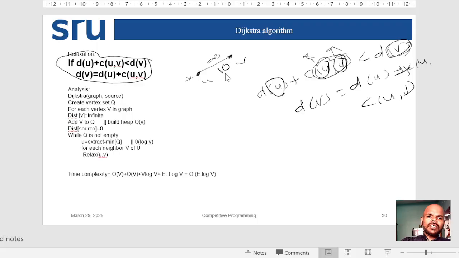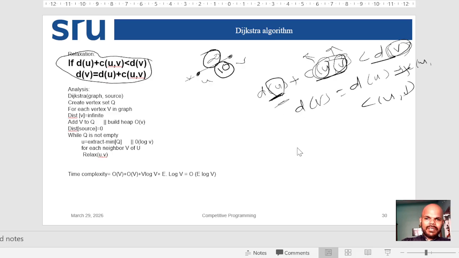So this 10, which already exists, is the cost of u comma v. Distance of v means infinity. That is the major difference between these two.